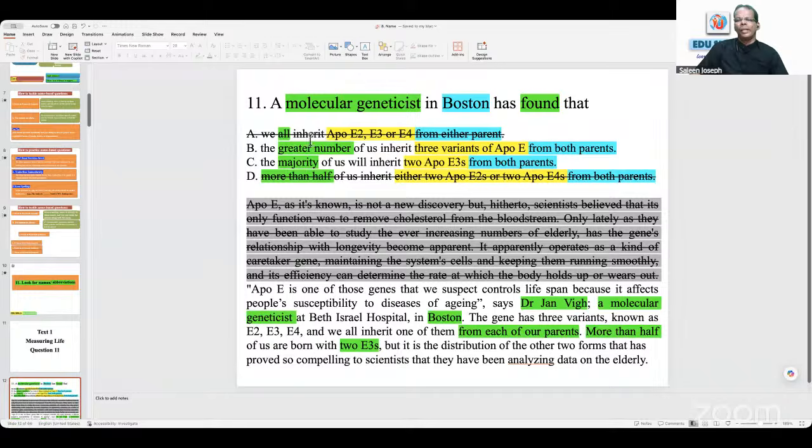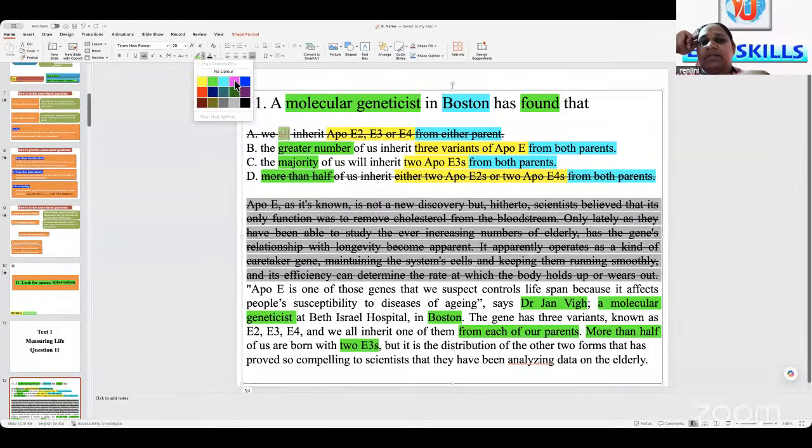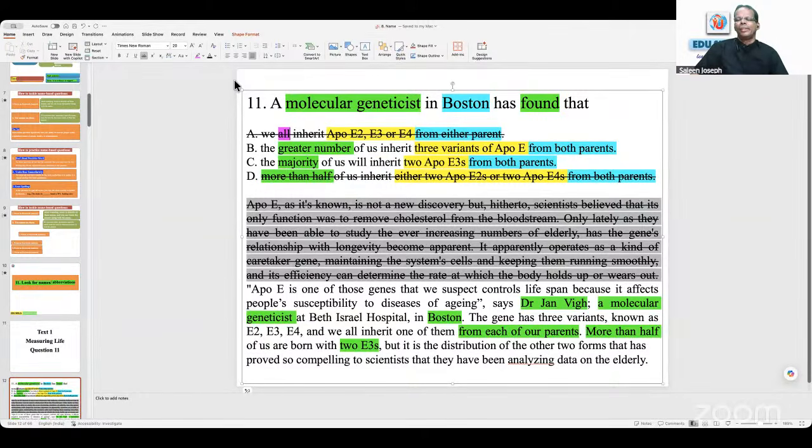Here, we all inherit. 'All' is absolute. We all inherit E2, E3 or E4 from either parent. Now you have two options, from both parents. The majority of us: majority means the greater number. Coming to option C, E3. Two E3s, two variants of E3 from both parents is mentioned in the text here.